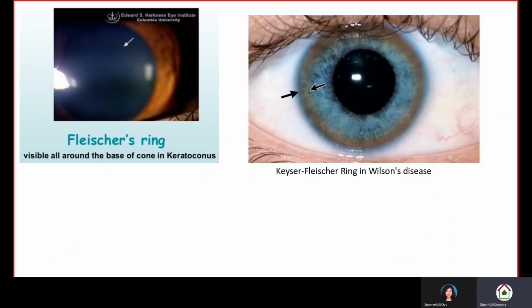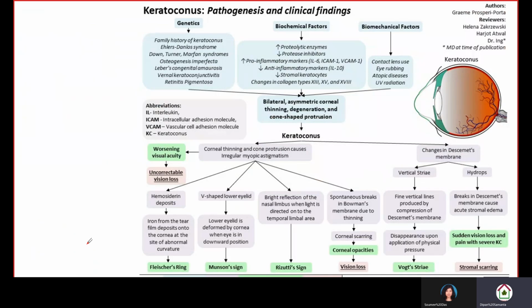Okay, so this is the Fleischer ring, and this is the KF ring in Wilson's disease. In Wilson's disease, you see the deposition. Deposition occurs, but Fleischer ring is visible all around the base of the cone in keratoconus. The cornea becomes bulged out.